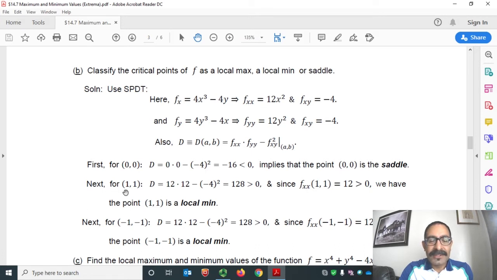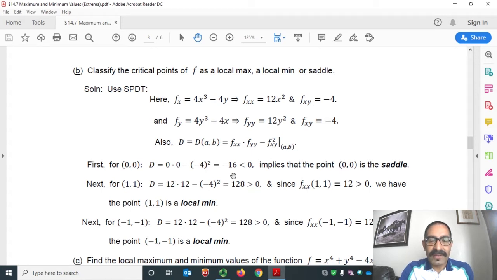Next, let's check the point (1, 1). First find the discriminant. fxx at 1 is 12, fyy at 1 is 12, so 12 times 12 is 144, minus fxy, which is -4, squared, so 144 minus 16 is 128, which is positive.